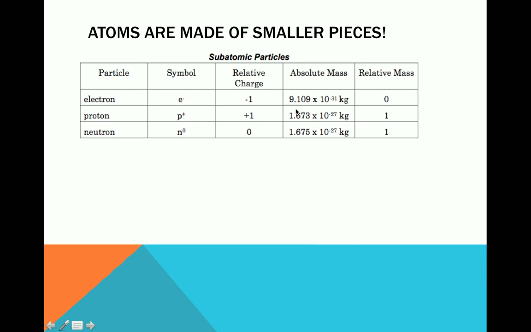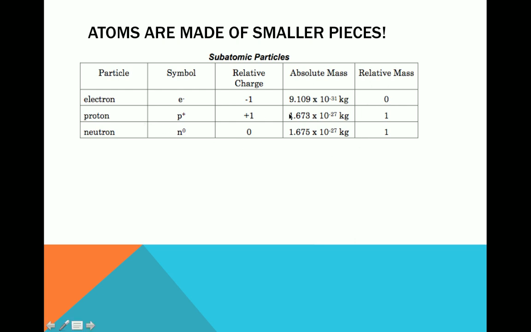And over here we can look at the absolute mass on a kilogram scale of these particles. You'll note that both protons and neutrons are virtually the same mass, whereas electrons, and this is important to know, are about 4 orders of magnitude times lighter than protons or neutrons.